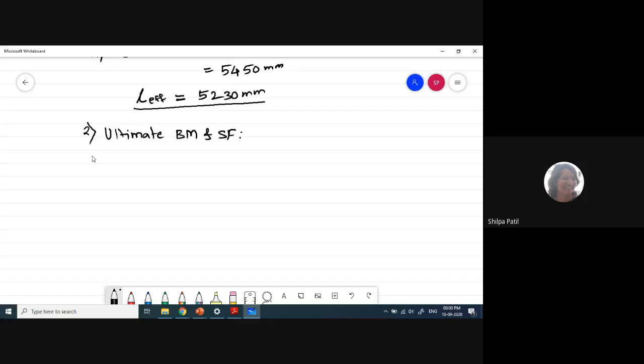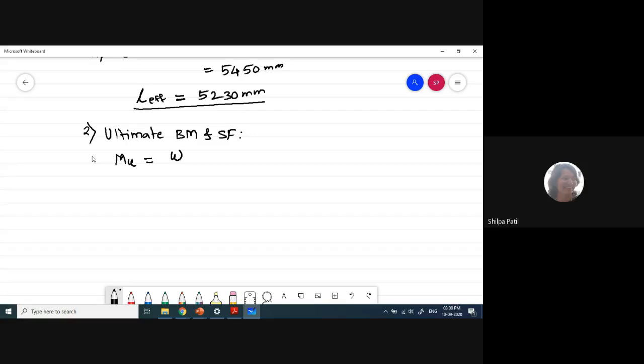For a simply supported beam subjected to UDL, what is the formula for calculation of maximum bending moment? WL square by 8.